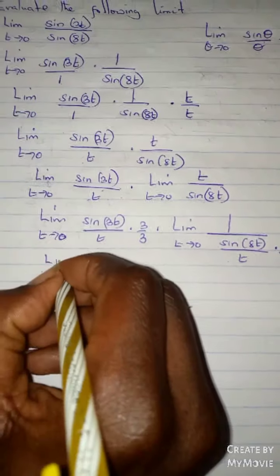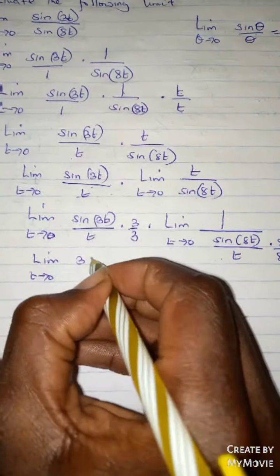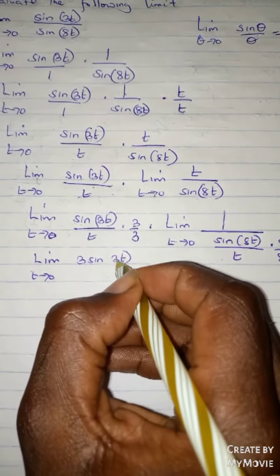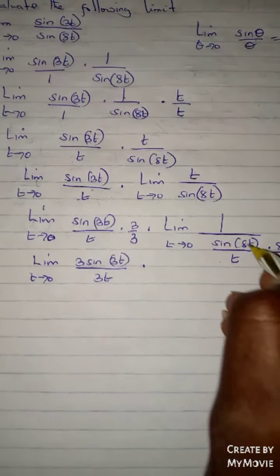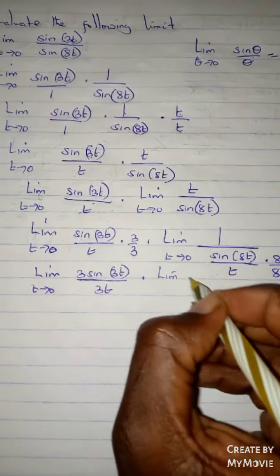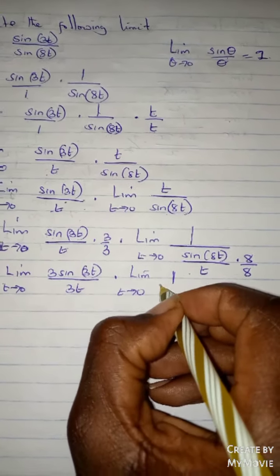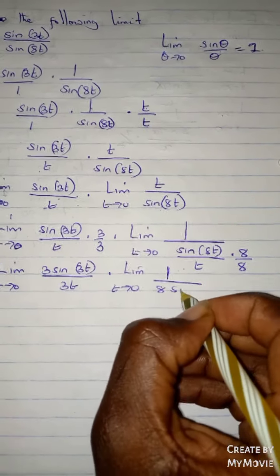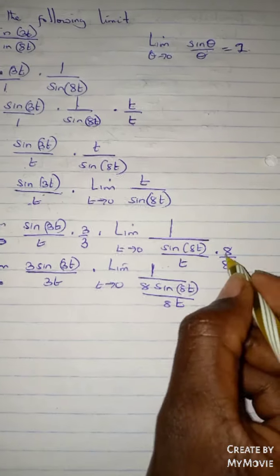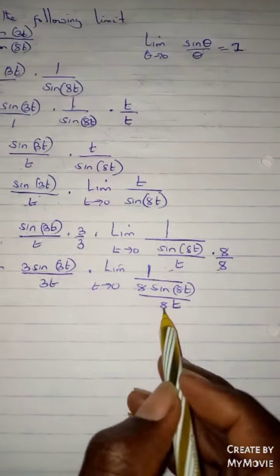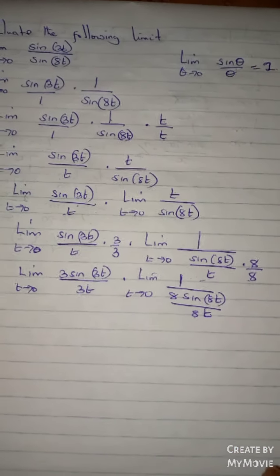So that is to say, as the limit of t approaches 0, this one will be 3 sine 3t over 3t, and then we multiply by the limit as t approaches 0 of 1 over 8 sine 8t over 8t. I bring it here, this one here, which is the same as 8t. Now we apply this change of variable technique.